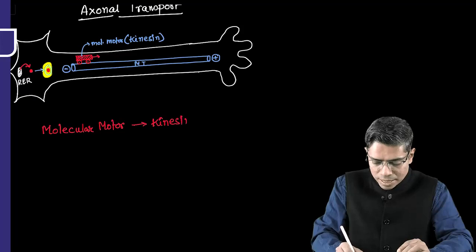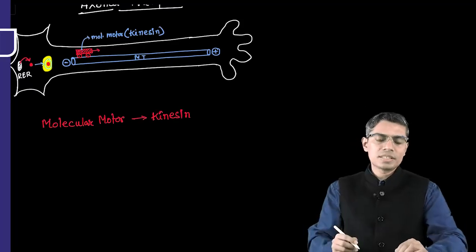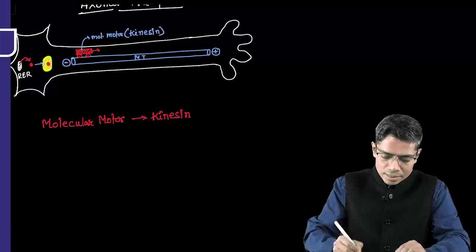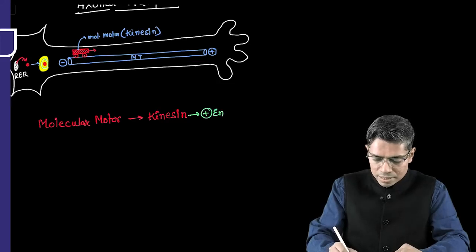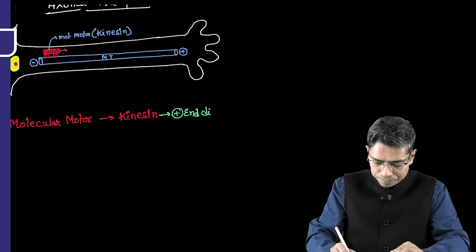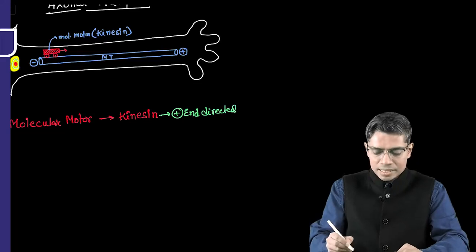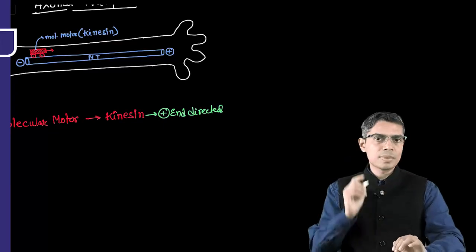If I ask you in which direction kinesin is moving, your answer will be that kinesin is a plus end directed motor. Plus end directed motor means it is moving from the minus end towards the plus end.